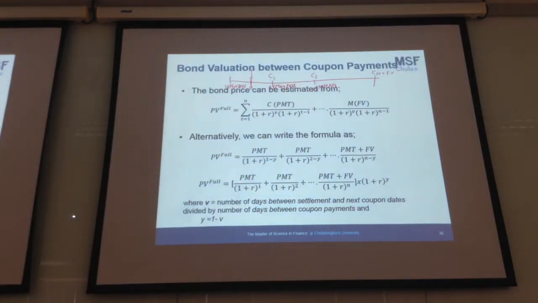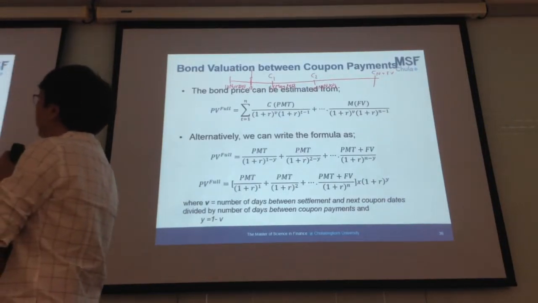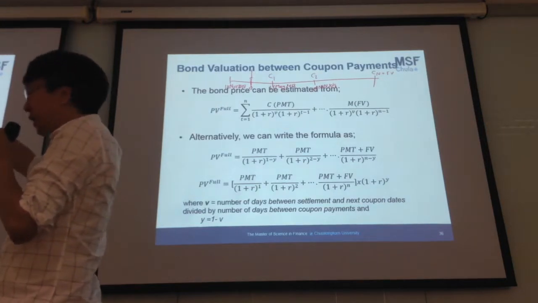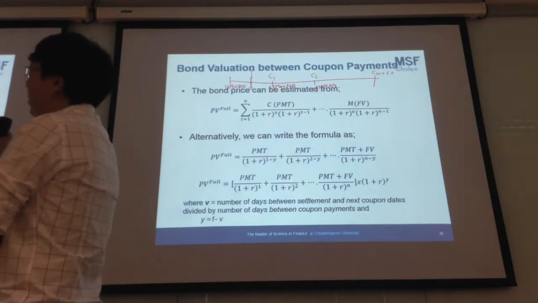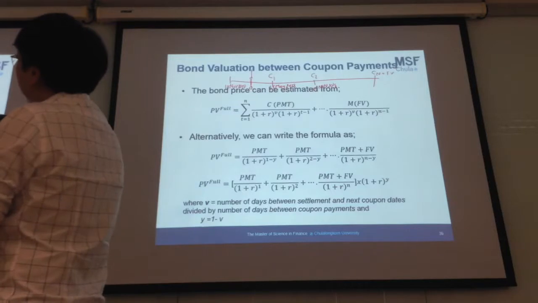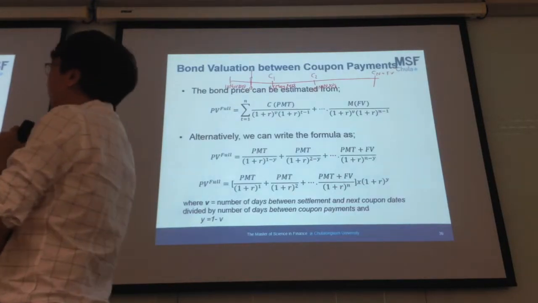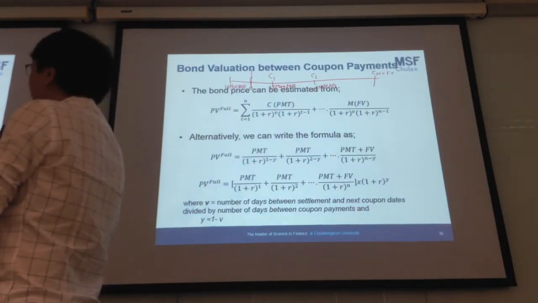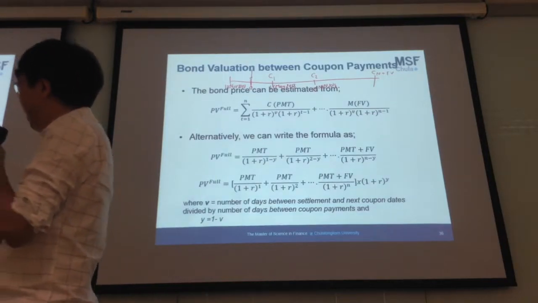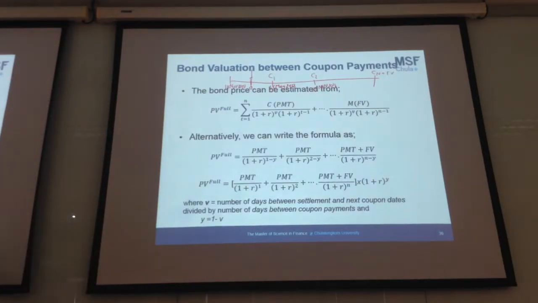15 November 2017 is the last coupon payment. The next coupon payment is 6 months later, so it will be on 15 May 2018. Now let me talk about V first in this equation.